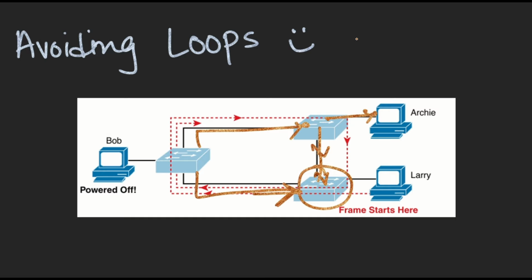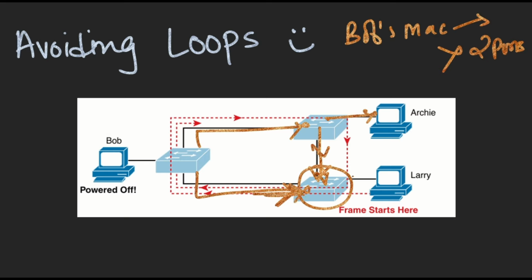Now the first problem that we are witnessing is that this switch will see that Bob's MAC address is associated with two ports. Okay, Bob is connected at this port and Bob is also connected at this port. So this is a problem.